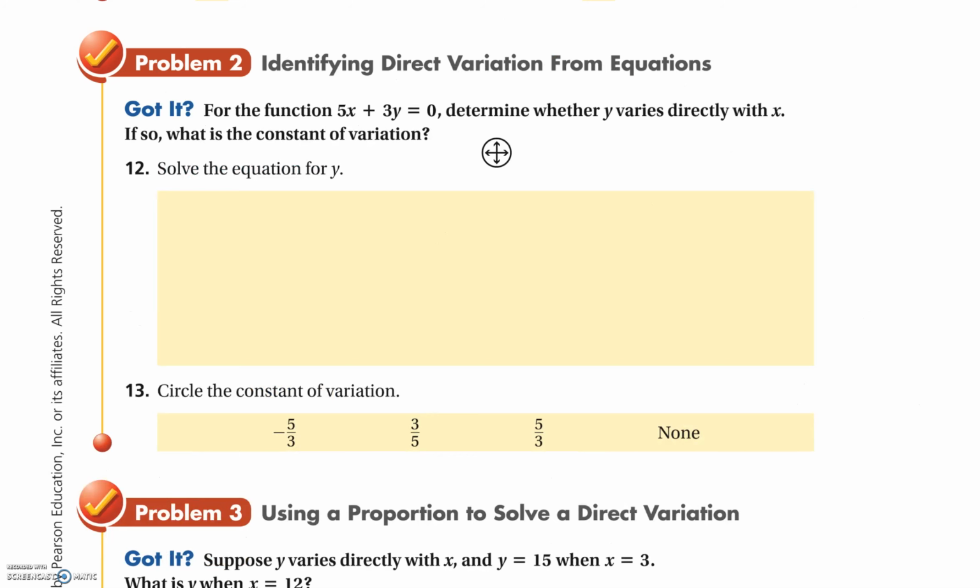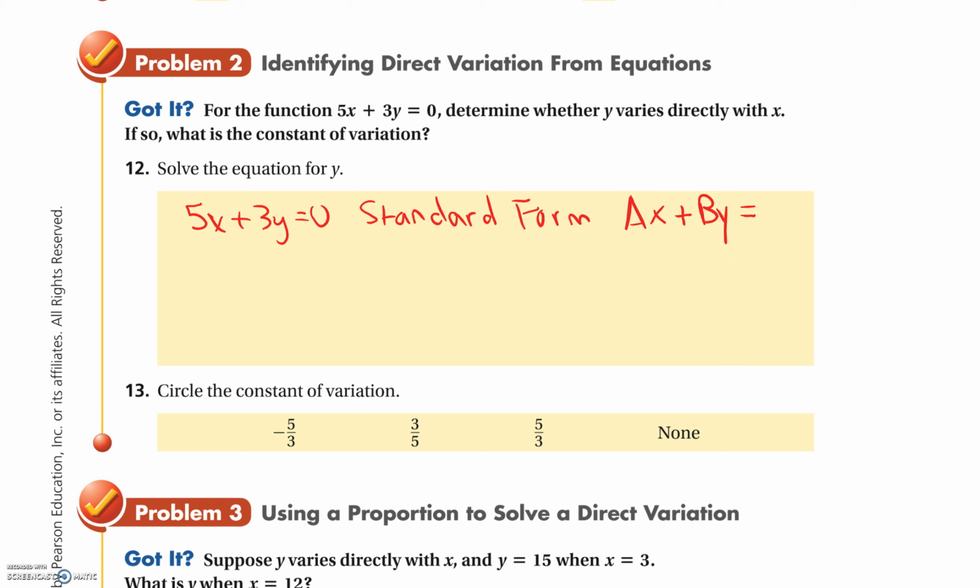Our next type of rule comes in the form of an equation that's not set up yet. If we have 5x plus 3y equals 0, this is called standard form of a linear equation, and that looks like some number a times x plus some number b times y equals c.